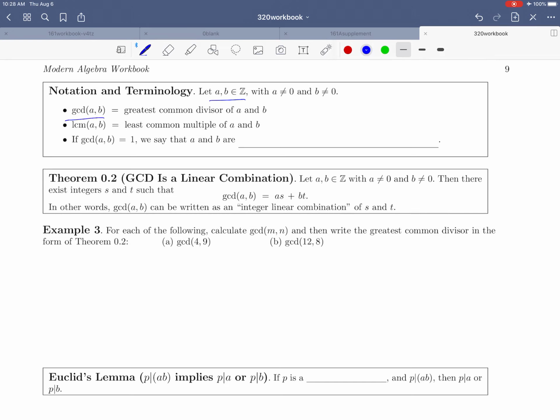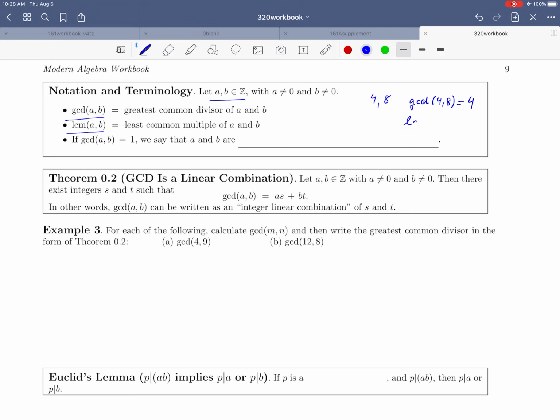And we call the least common multiple of a and b the LCM of a and b. So greatest common divisors, if you have a number, say 4 and 8, then the GCD of 4 and 8 is 4. It's a divisor of both 4 and 8, and it's the greatest such divisor.